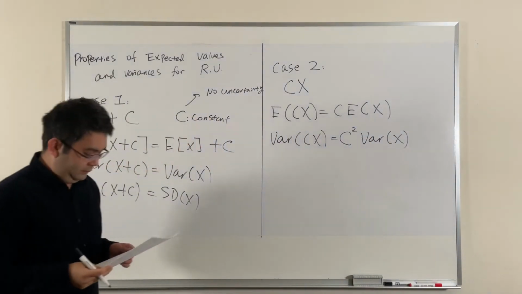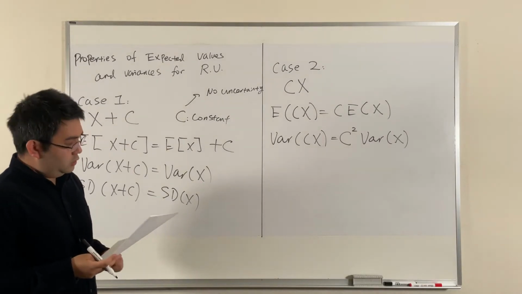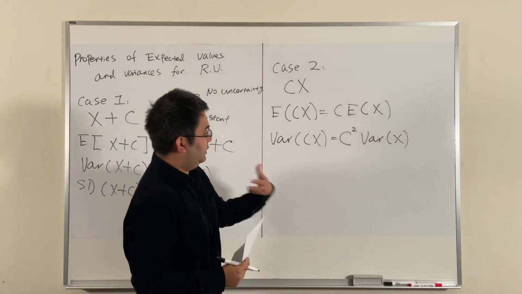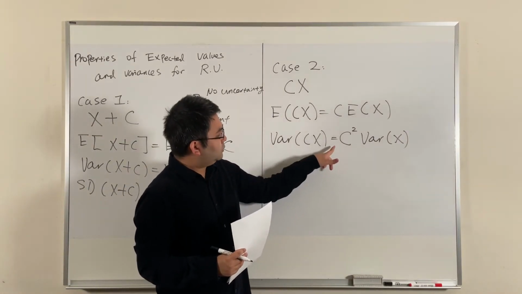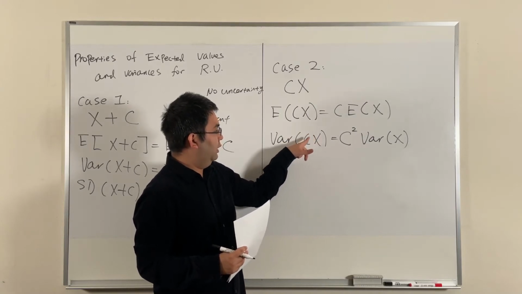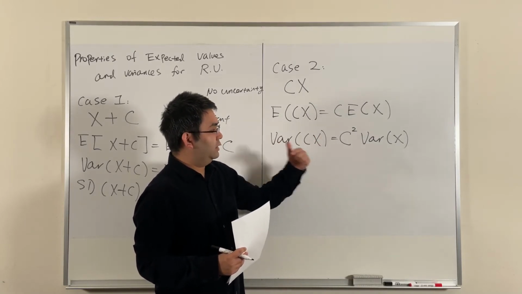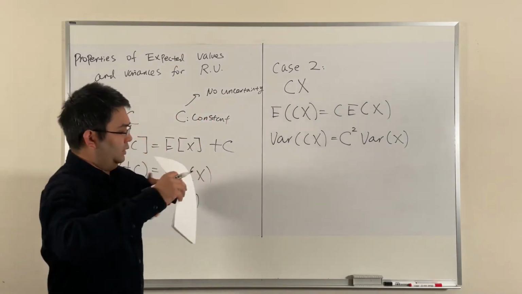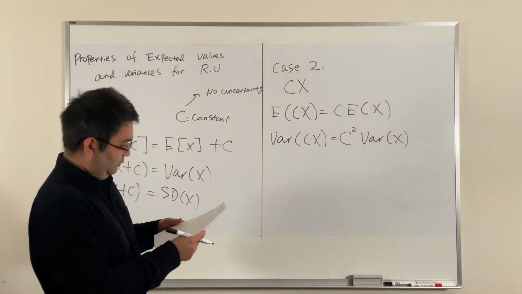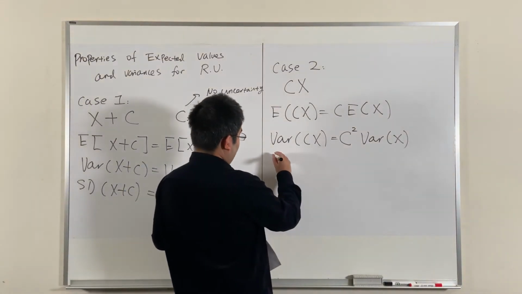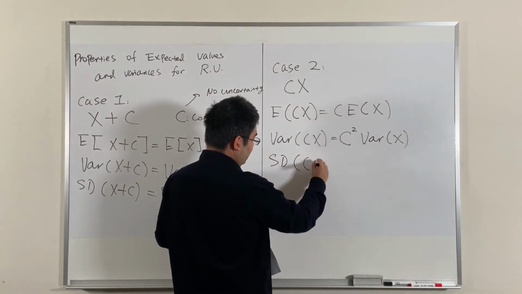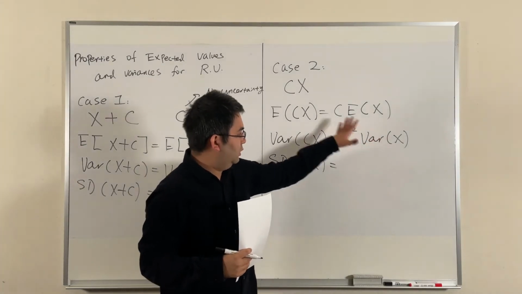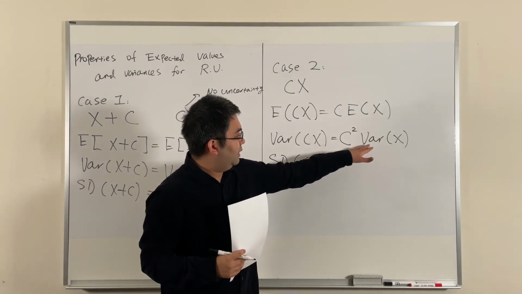Before we go into the standard deviation, we need to say that if you multiply your random variable by a constant, then your variance is going to increase by the constant squared. So the increase is in a square term for the variance. Next, the standard deviation of cx is just the square root of c squared times the variance of x.